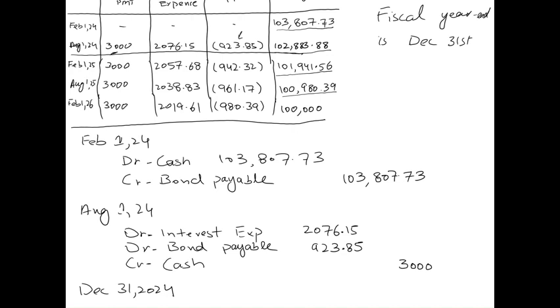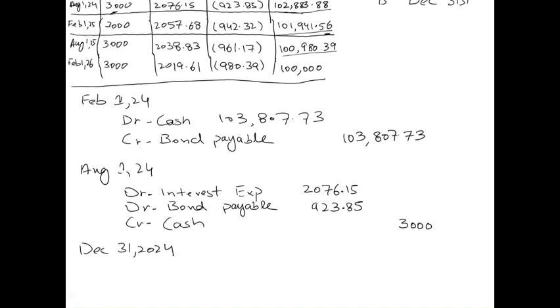That is 5 months. So for 5 months, we're going to look at this row, because that covers the time period, because December 31st comes between these two dates, August 1st, 2024 and February 1st, 2025.